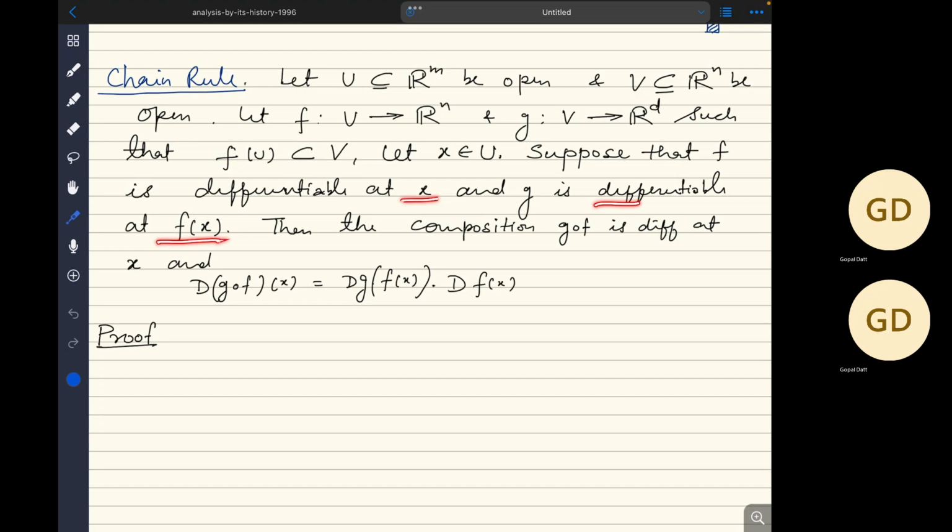Then the composite function g∘f is differentiable at x, and the derivative of that composite function at point x is given by this formula: dg(f(x)) dot df(x).